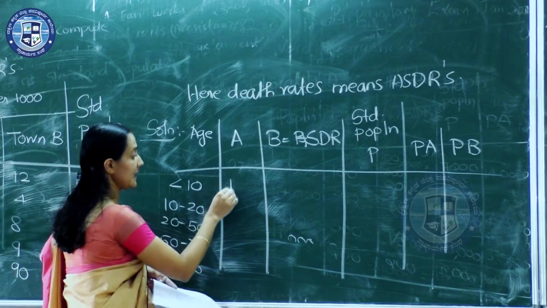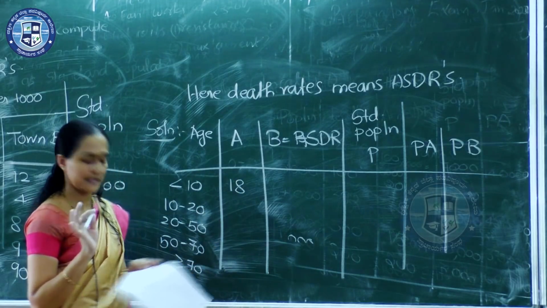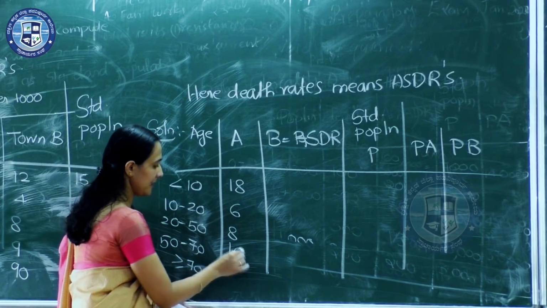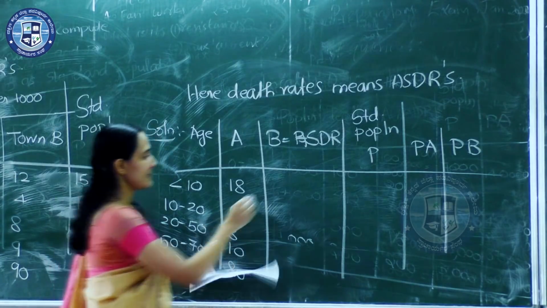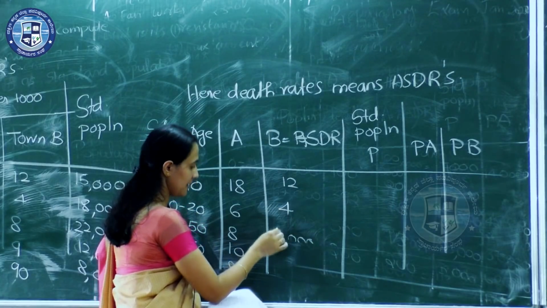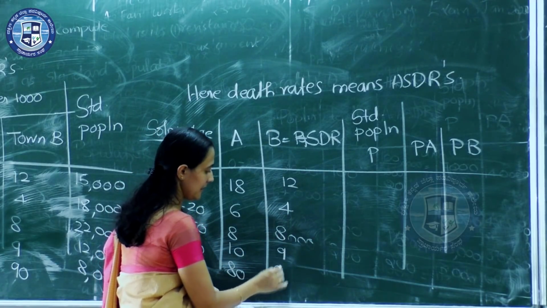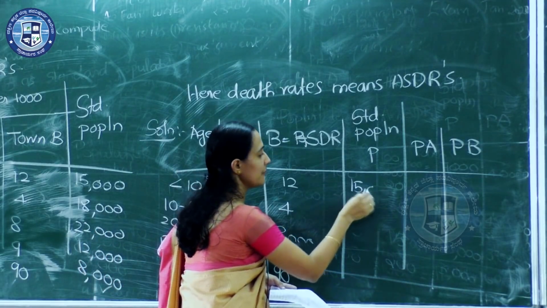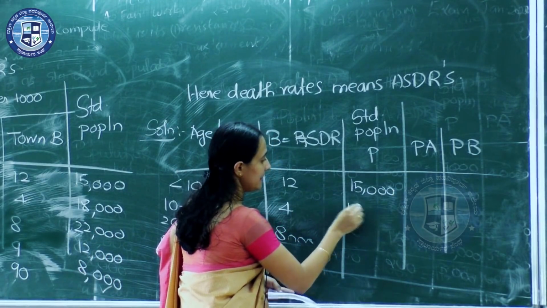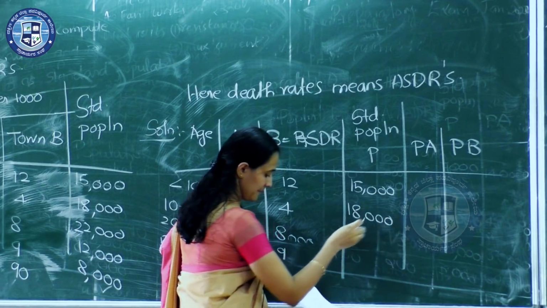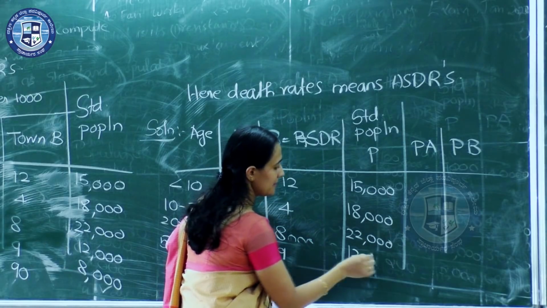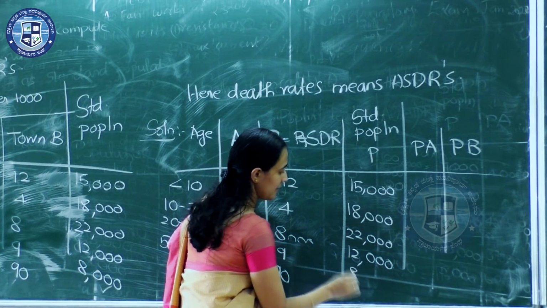Death rate means age specific death rate itself: 18, 6, 8, 10, 80. This is 12, 4, 8, 9, 90. The standard population given separately is 15,000, 18,000, 22,000, 12,000, 8,000.